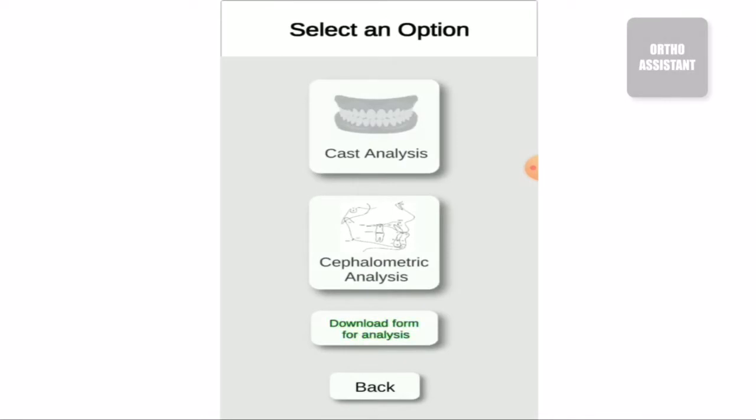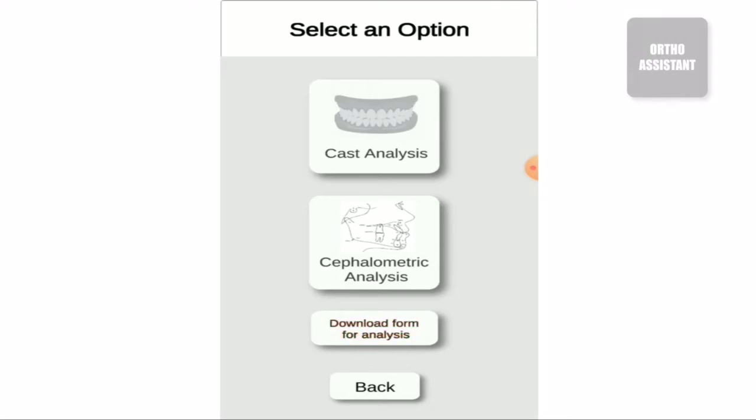The analysis are given for two types of dentition, mixed dentition and the permanent dentition, and you select one type of the dentition. There is a download form for the analysis, which is in the text form. It is in the PDF, and you can download it, you can print it, you can save it.